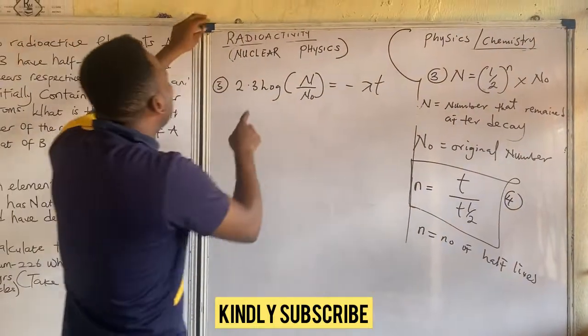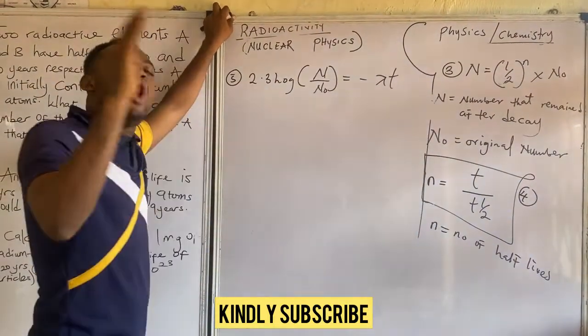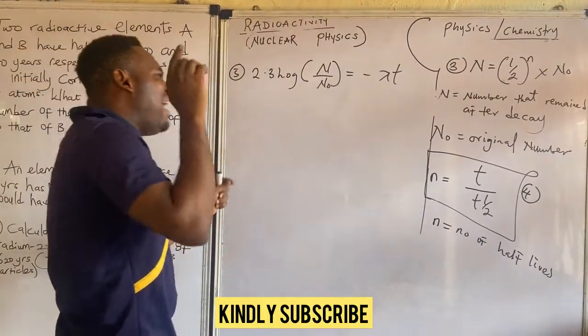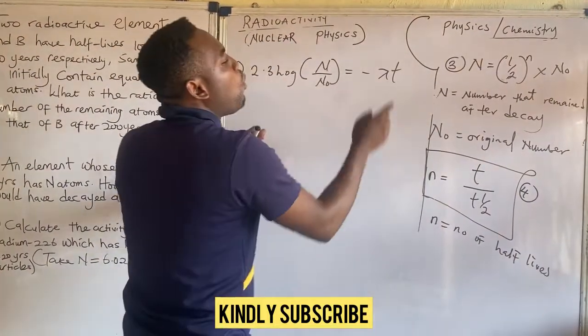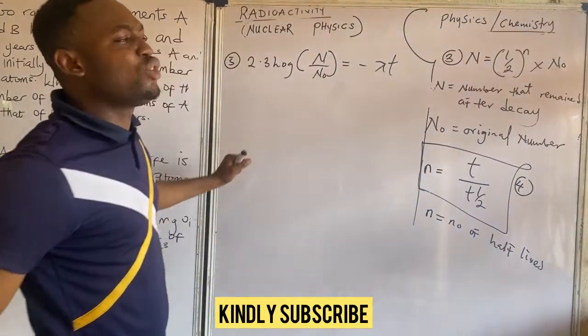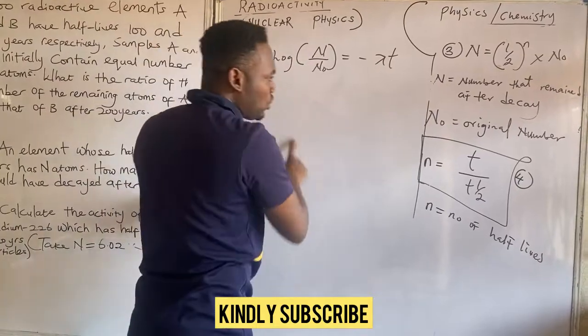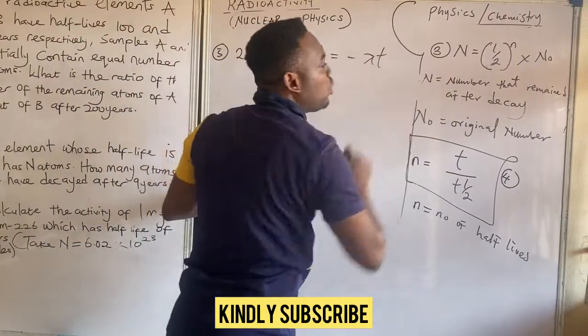Again, I can as well calculate this t from formula 5. It then means that whatever formula 3 can solve, formula 5 can as well solve, and whatever formula 5 can solve, formula 3 can as well solve.